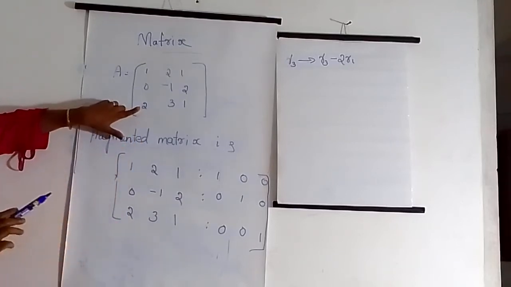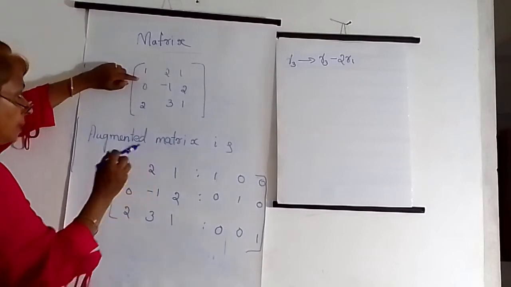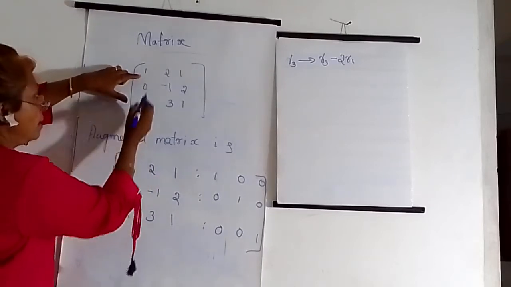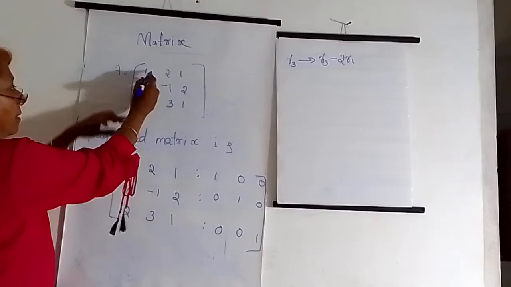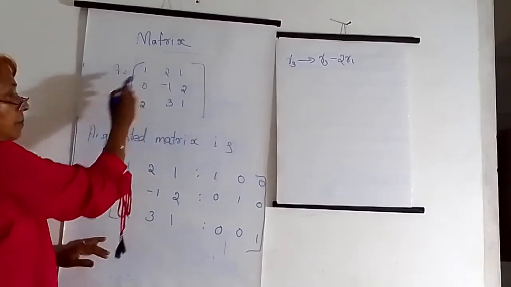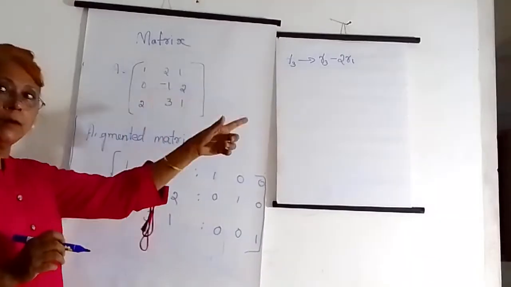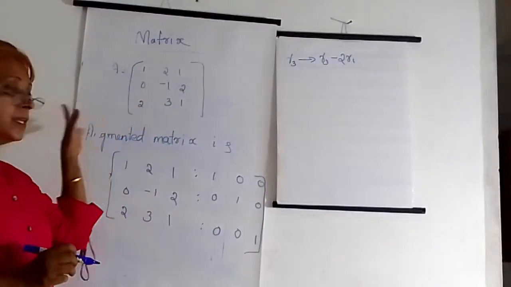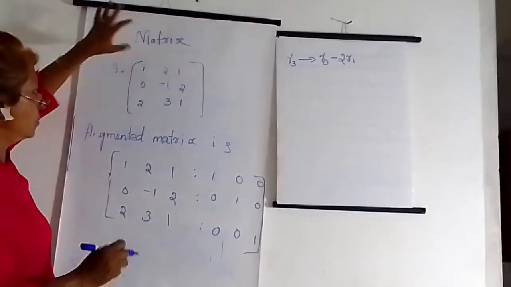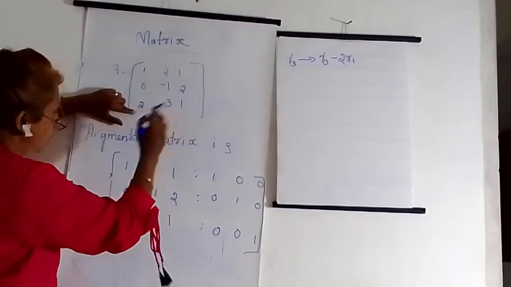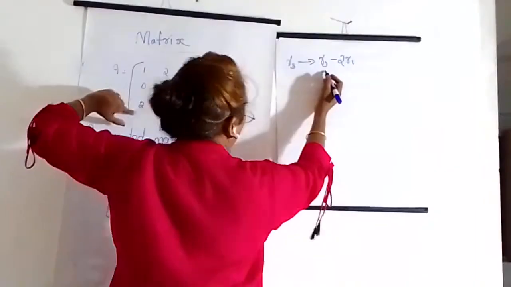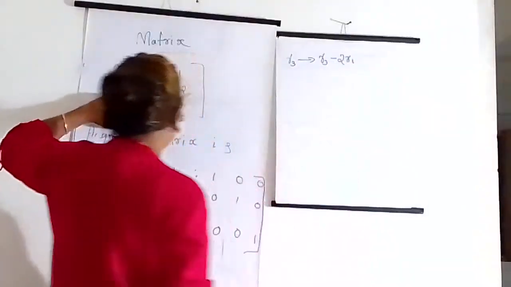So to get 0 here, what should we do? We know that is 1. If we want to multiply this 1 by 2, we should do it along all the members of this R1. So, that is why I wrote R3 is given as R3 minus 2R1.